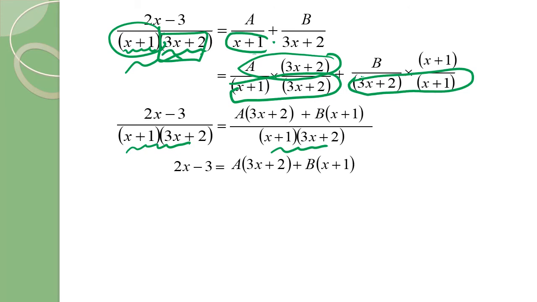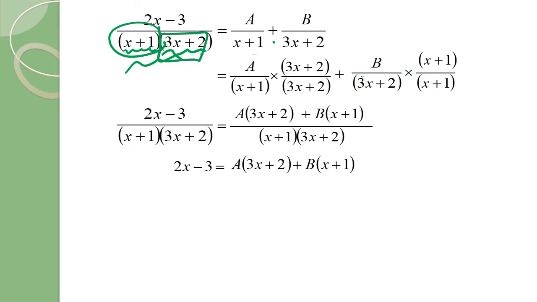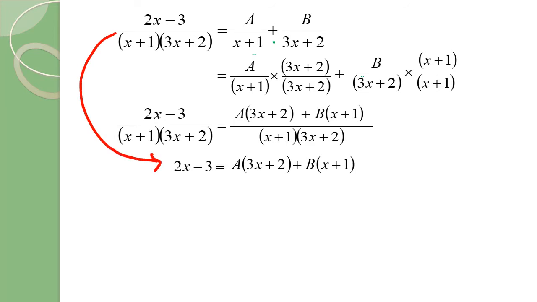Okay. So, let's focus on this part. Usually, we will count the step from here to here directly. We can see that for A, we have x plus 1 on the denominator, means that we just have to multiply with the other one. That's why A should be multiplied by 3x plus 2.